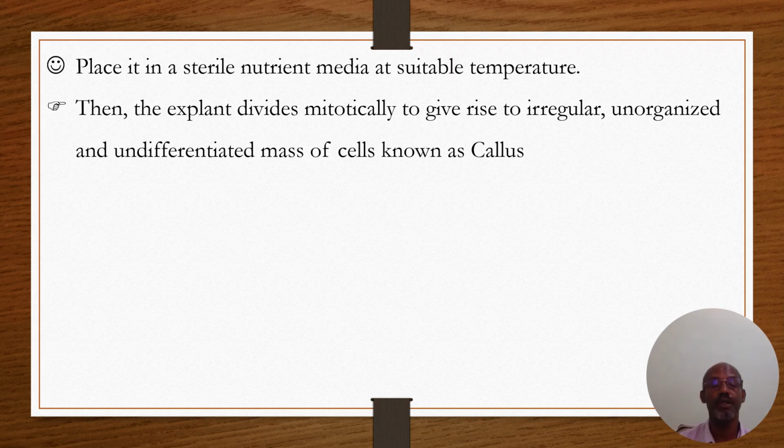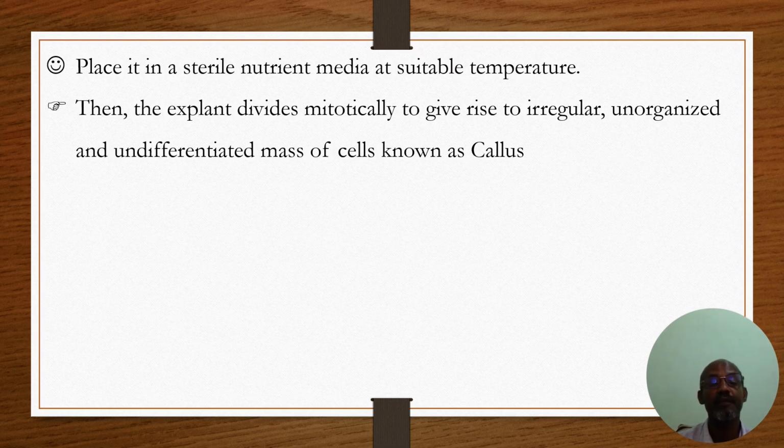Therefore, you provide a sterile nutrient medium, either in a bottle or petri dish, for the sample cells. You place the sample tissue in a sterile nutrient medium at suitable temperature.